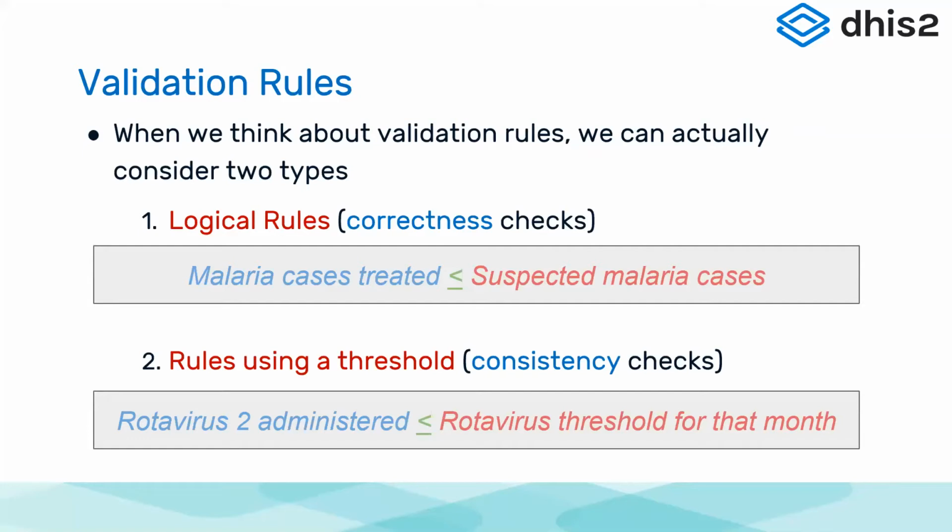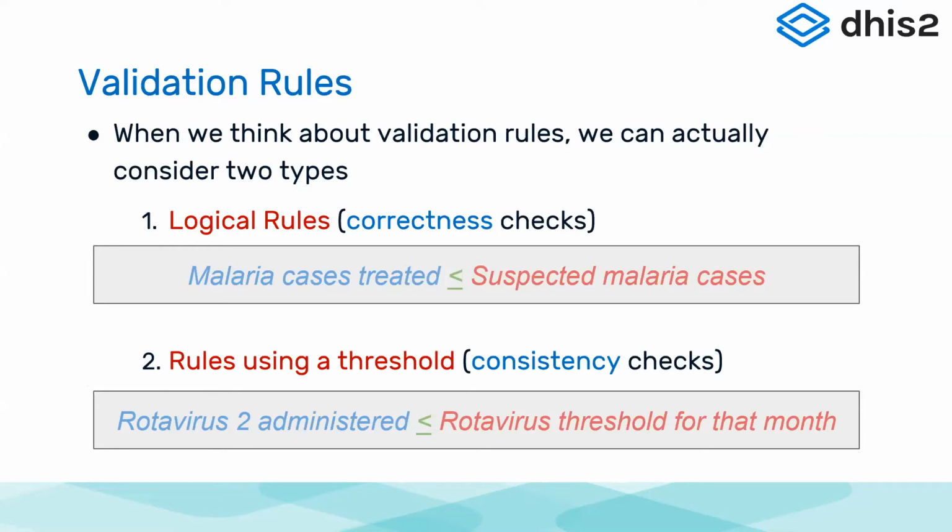For example, the number of rotavirus 2 doses administered is compared with the rotavirus threshold for that month.